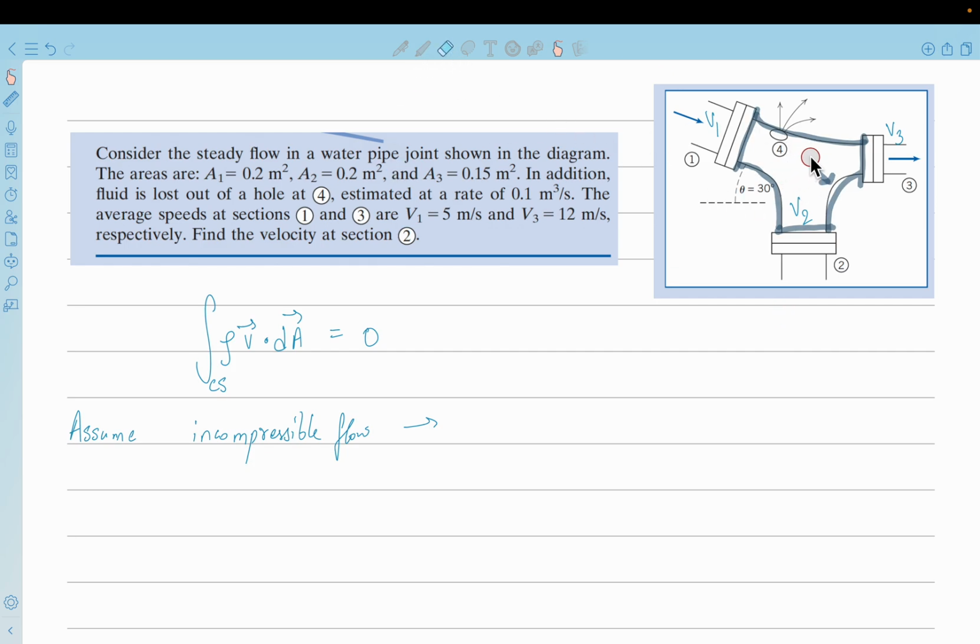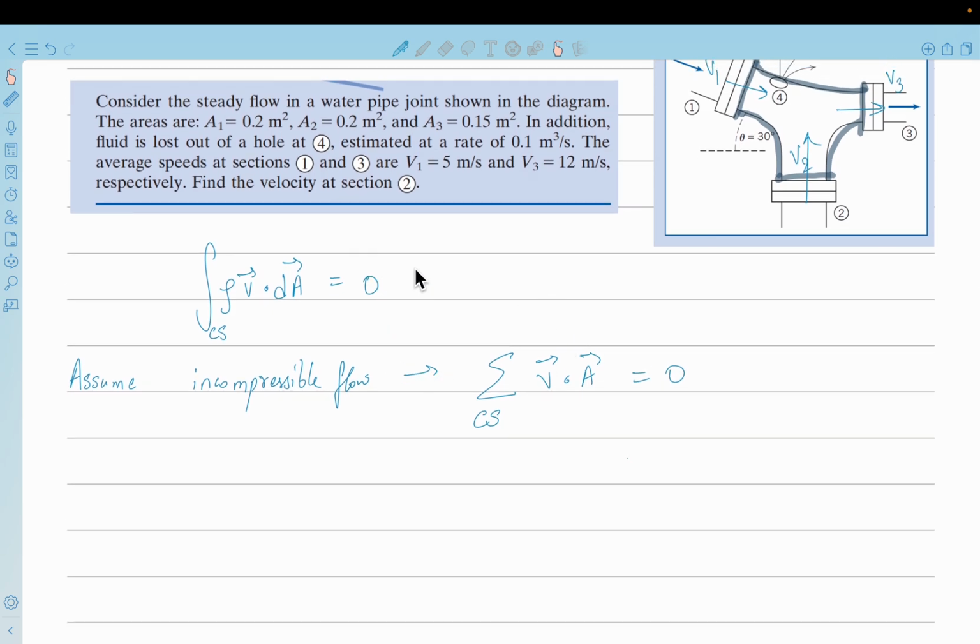So the only flow I need to worry about is through this control surface, through this control surface, and through this control surface. So I am going to do a summation over the control surfaces of velocity into area, v dot A, is equal to 0.